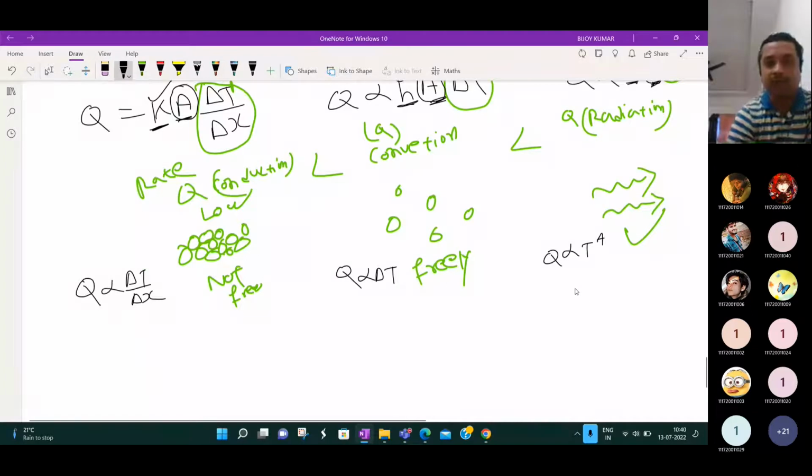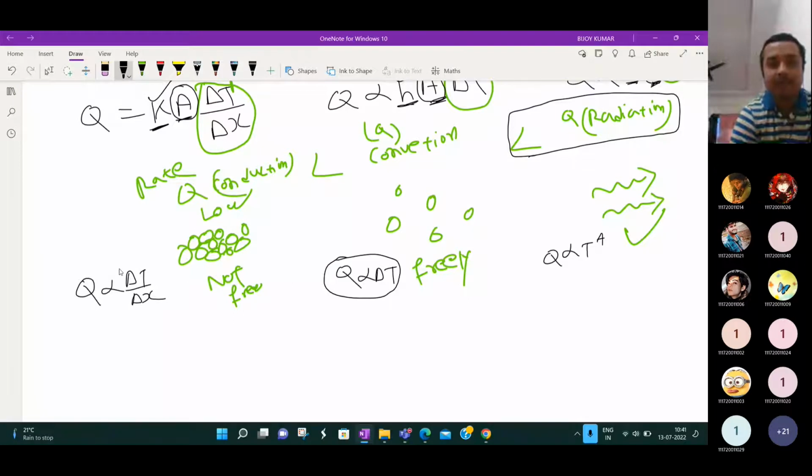So according to mathematics, in which case is Q more? Obviously T to the power 4 is there, so through radiation it will be more. So through radiation, the rate of heat transfer will always be higher than conduction and convection. Then again come to conduction and convection. Here we find Q is directly proportional to delta T, but here Q is directly proportional to delta T by delta X. Division means something reduced.